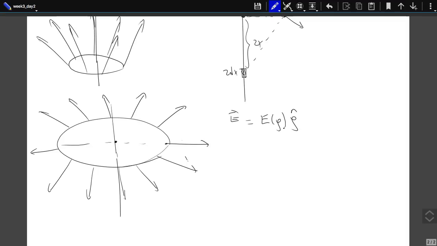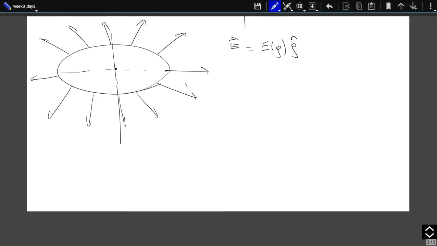Electric field is in that direction. So electric field and the area vector are pointing in the same direction. What I'm looking for is a surface whose area vector is perpendicular to this rho direction. Upward or downward. So if rho is this way, dA should be like this. Well, dA is perpendicular to the area itself, so the area should be this one. The flat area. Okay, I can use a flat area for my Gauss surface.